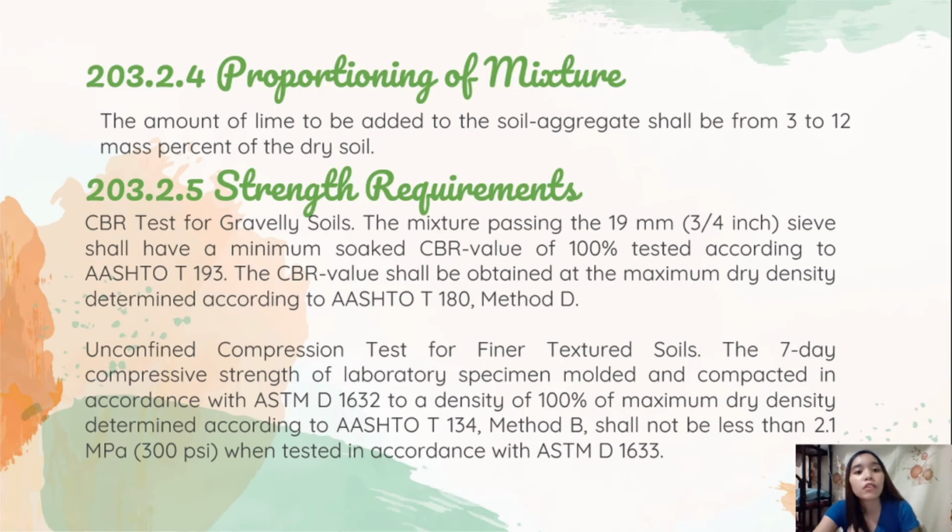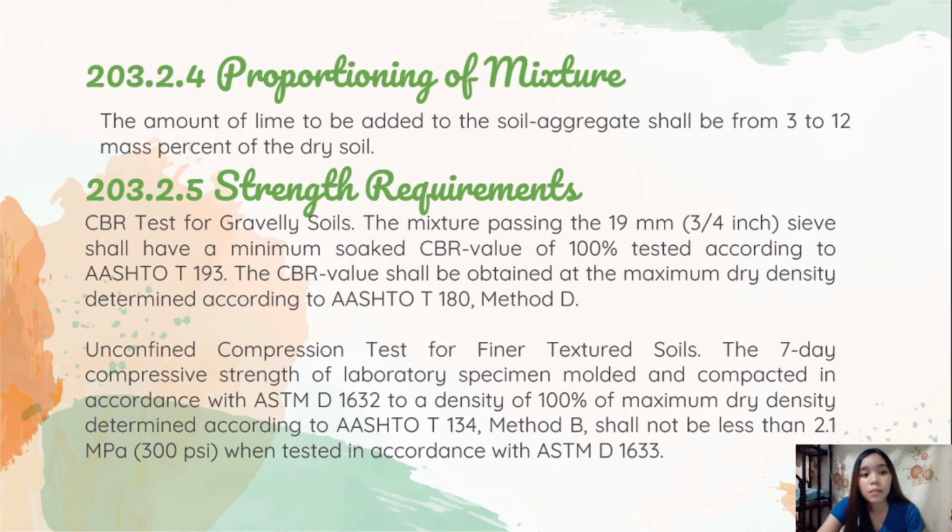Then the amount of lime to be added to the soil aggregate shall be from 3 to 12 mass percent of the dry soil. Then the exact percentage to be added shall be fixed by the engineer on the basis of preliminary laboratory tests and trial mixes of material furnished. The next is the strength requirements.